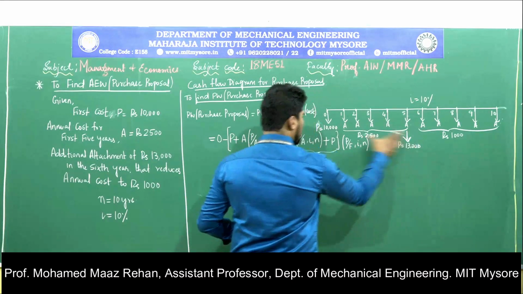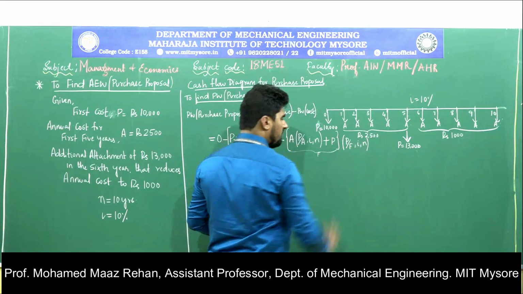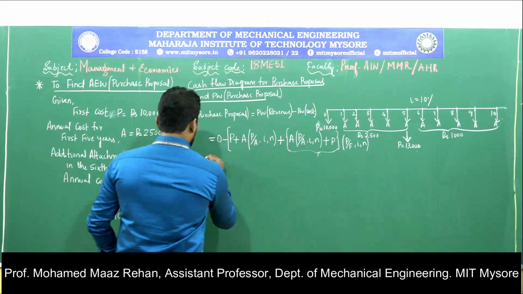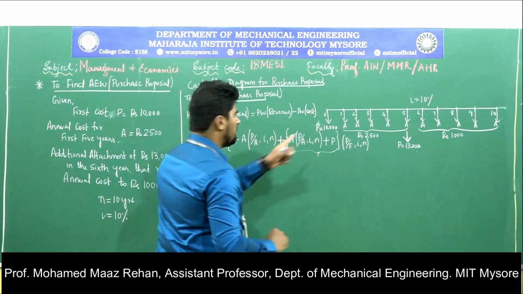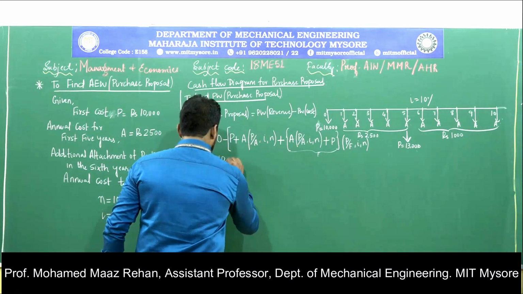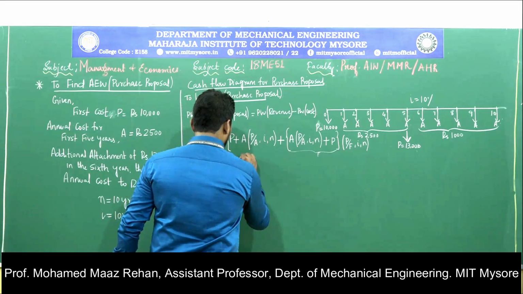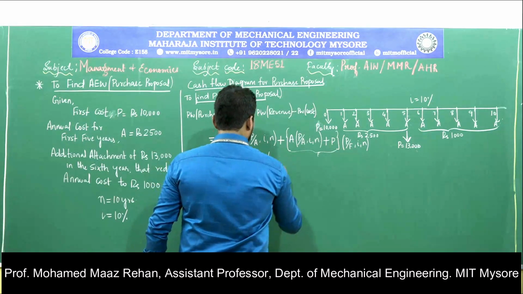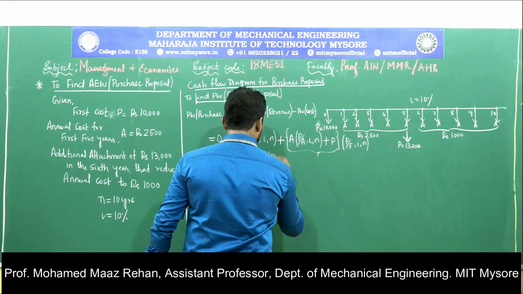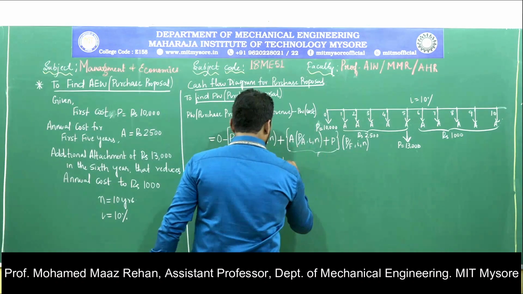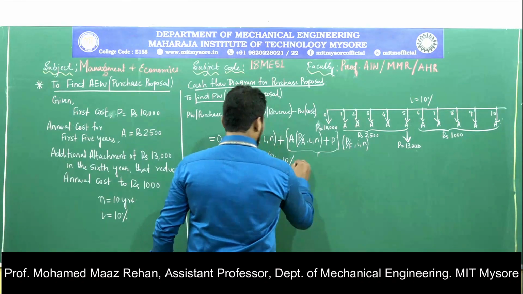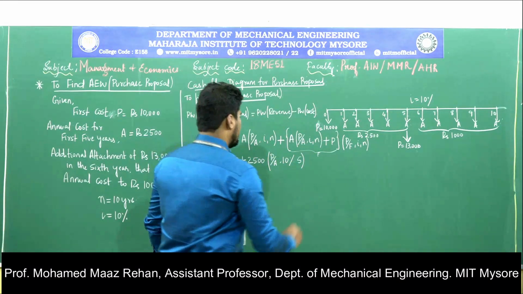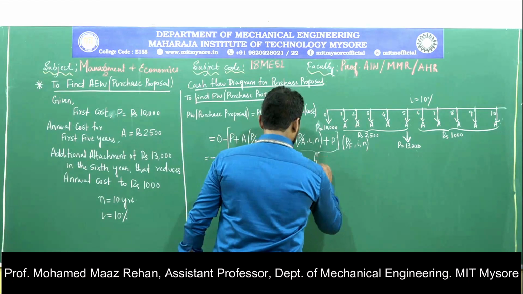This future amount I am converting to P, that is P bar F, I comma N. So here you have minus, P is 10,000 plus A is 2,500, P bar A, I 10%, N only 5, plus this entire thing.